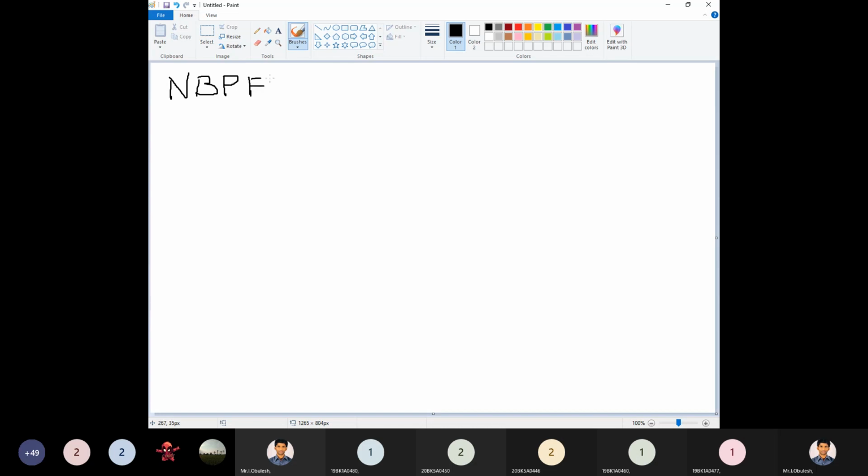Don't write it like NBPF. You need to write clearly. N stands for narrow, B stands for band, P stands for pass, F stands for filter. Narrow band pass filter.